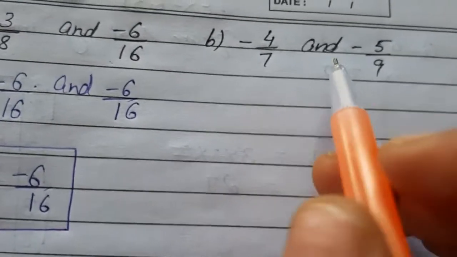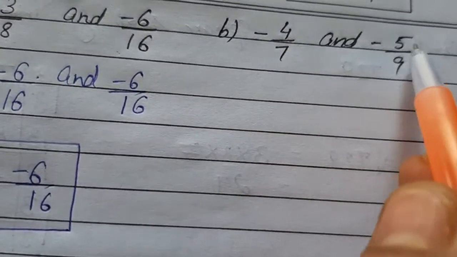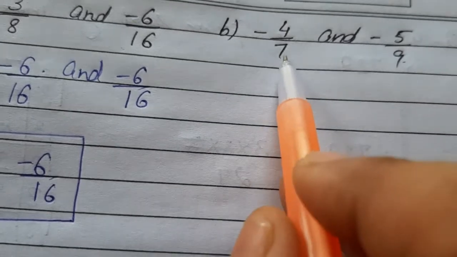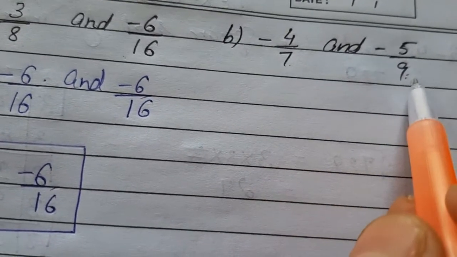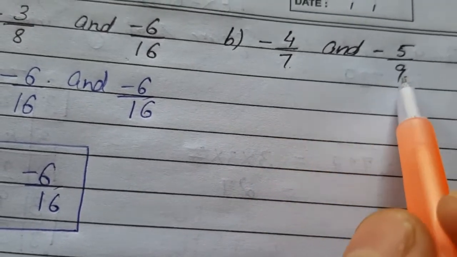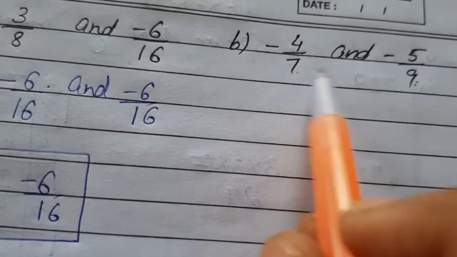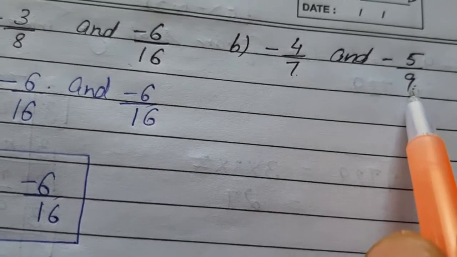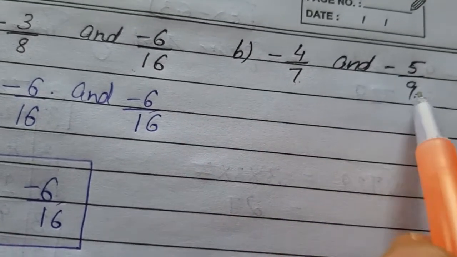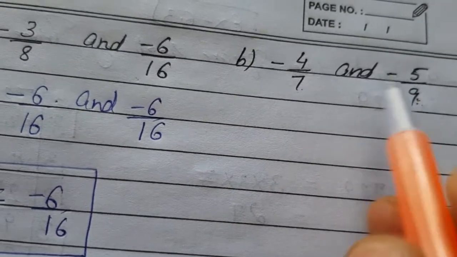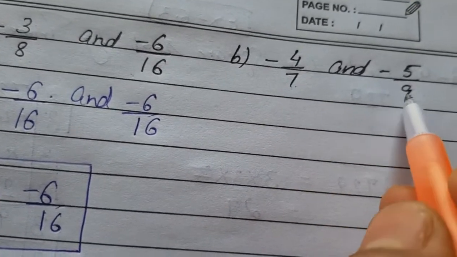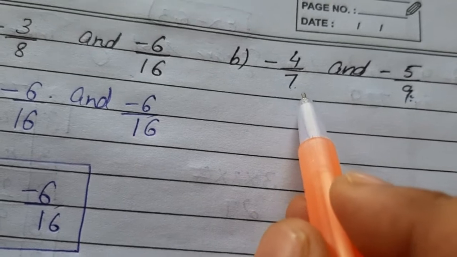For the B part, minus 4 by 7 and minus 5 by 9. See, the denominators are not same. These are unlike fractions. Plus both the denominators are co-prime. So if the denominators are co-prime, what you have to take? You have to multiply both, then you will get its LCM. Now we will take the LCM as 9 7s are 63.